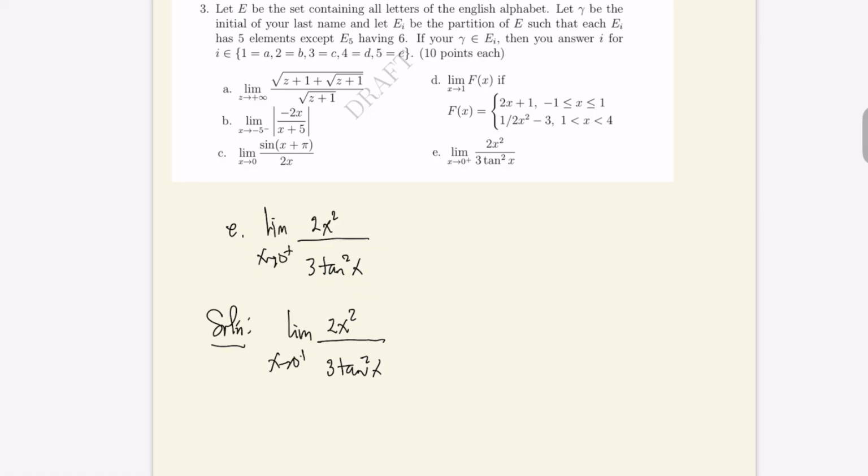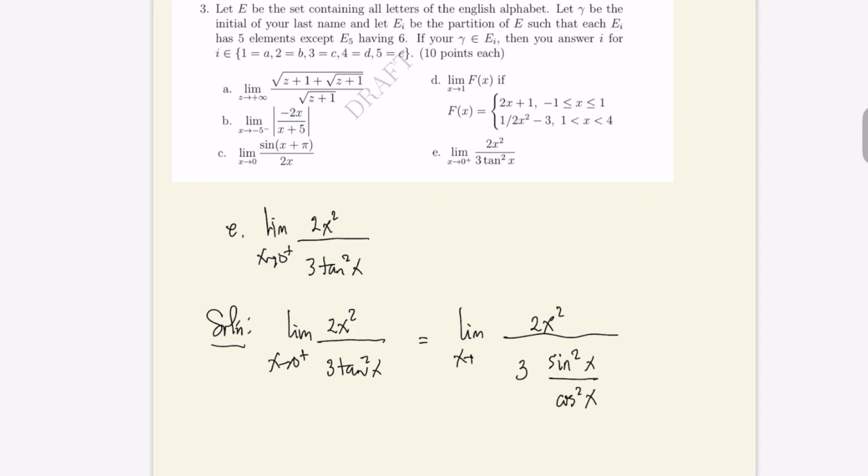For letter E, the limit of 2x squared all over 3 tangent squared of x as x approaches 0 from the right. What happens there? We know that tangent squared becomes sine squared x over cosine squared x.